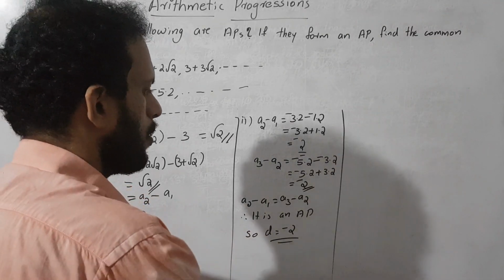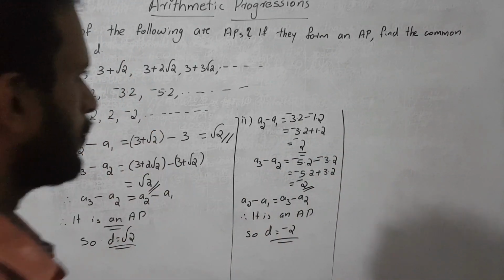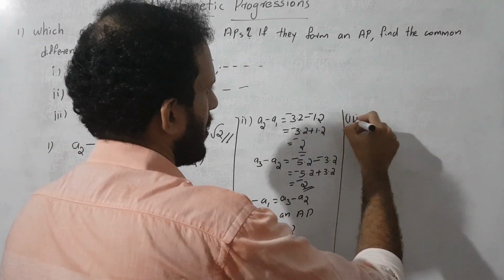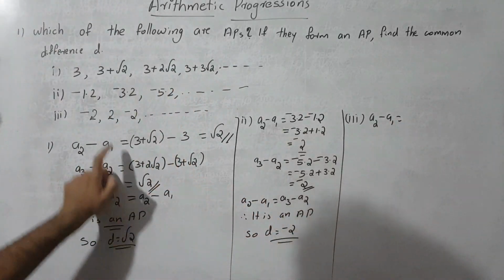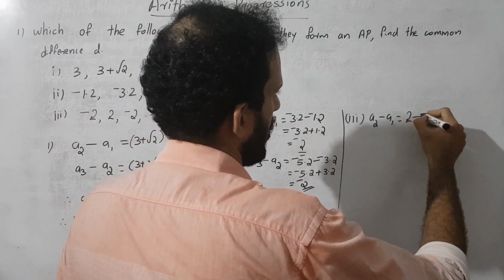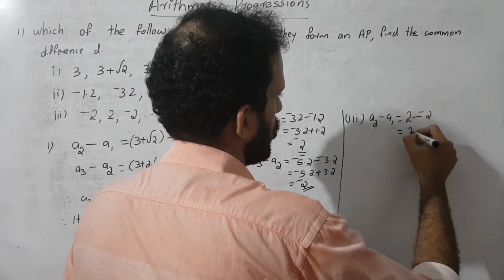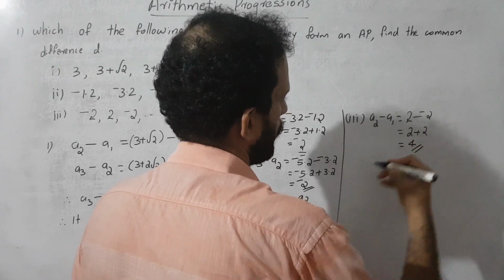Then the last one. What are the numbers? Minus 2, 2, minus 2, etc. A2 minus A1. What is A2 minus A1? 2 minus (minus 2) is equal to 2 plus 2. Correct? What is 2 plus 2? 4.